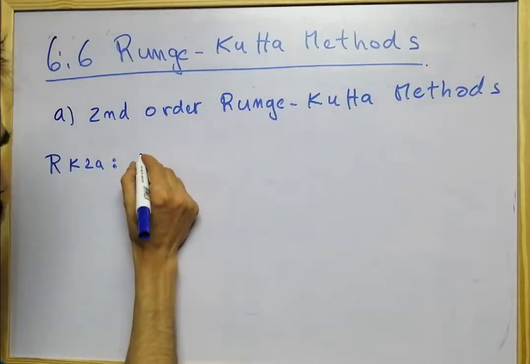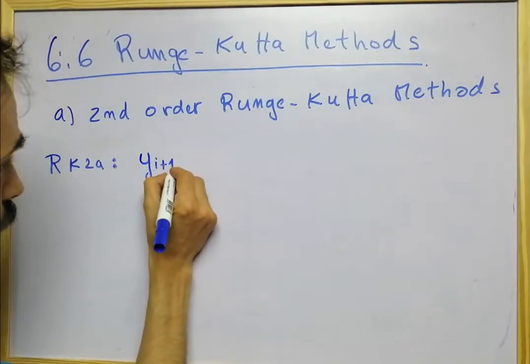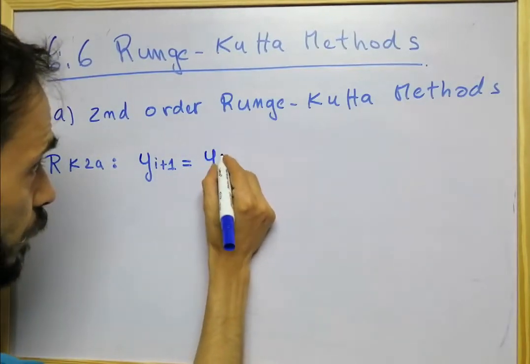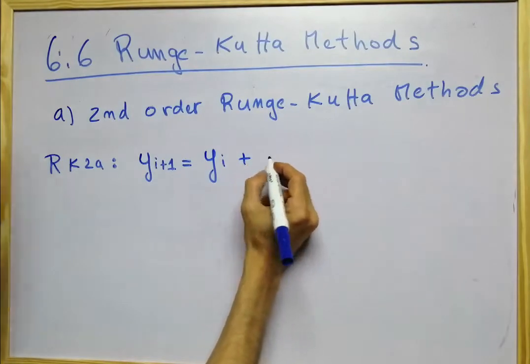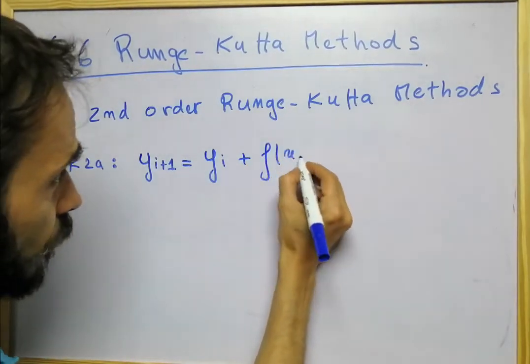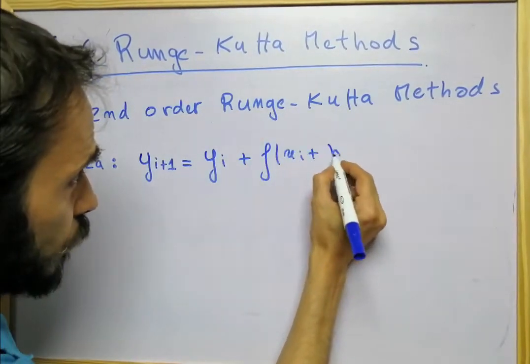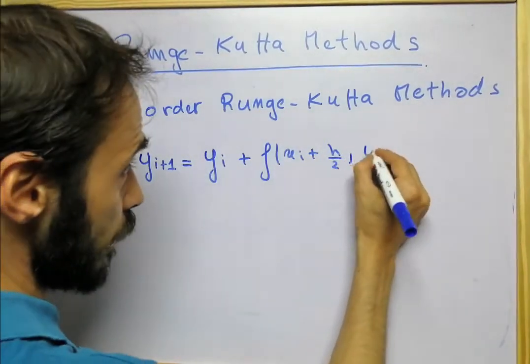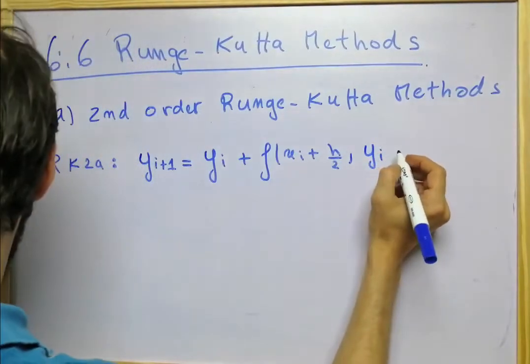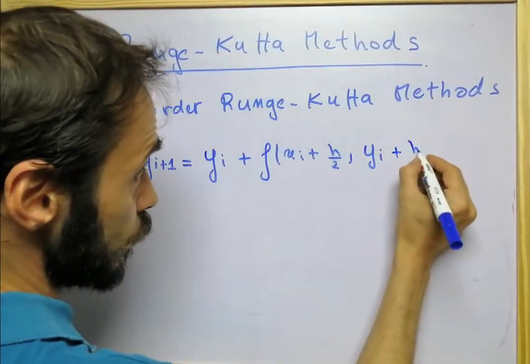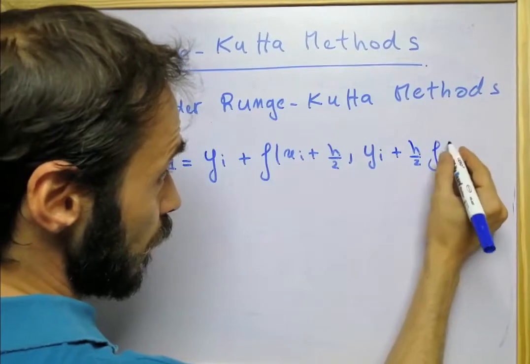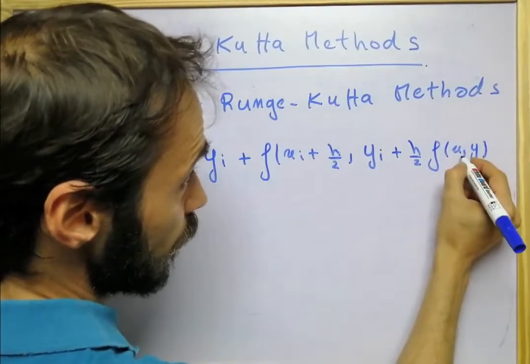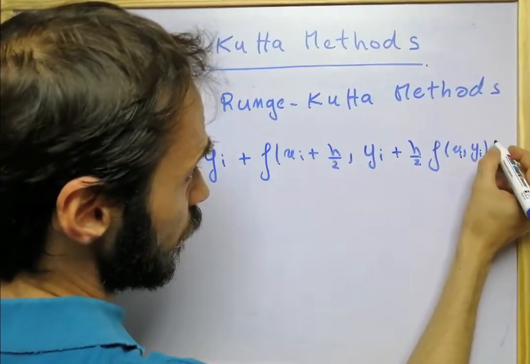So in the RK2A method, y i plus 1 is equal to y i plus h times f of x i plus h over 2, y i plus h over 2 f of x i, y i.